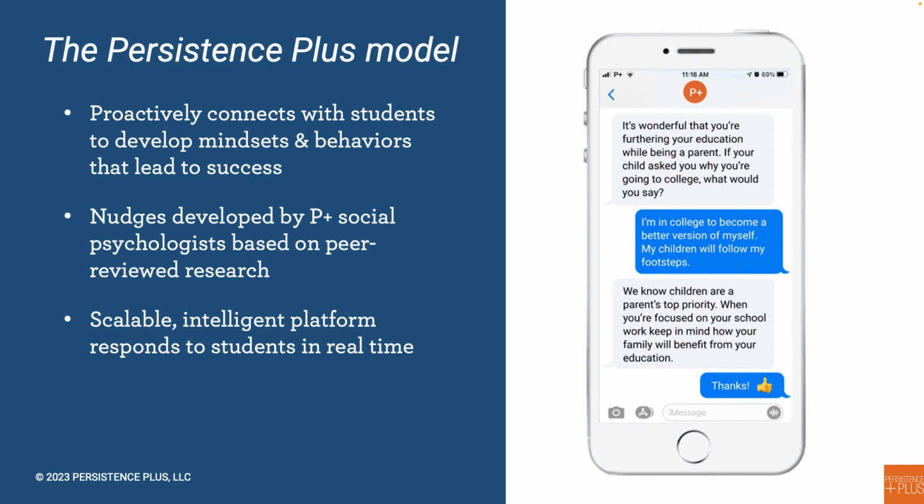This is the idea that the right message at the right time can motivate students to make decisions that will lead them to success. We are proactively connecting with students 2 to 3 times a week to develop mindsets to help them deal with academic setbacks and external obstacles, help them organize their time and their responsibilities, and encourage them to engage with their peer network and campus resources for help, all while they're making progress towards their short and long-term goals.